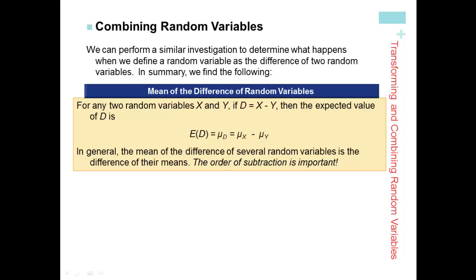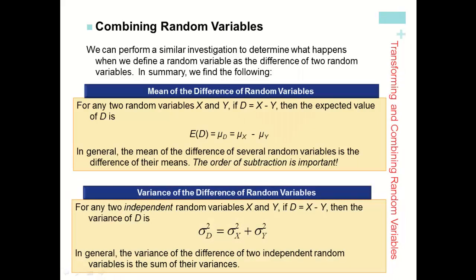The order of subtraction here is important. For variance, for any two independent random variables, again, you must have independence, the variance of D is equal to the variance of X plus the variance of Y. This time the variance is not a difference. In general, the variance of the difference of two independent random variables is the sum of their variances.